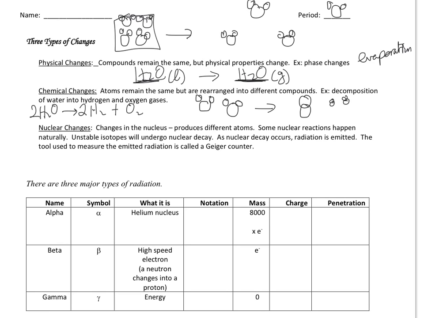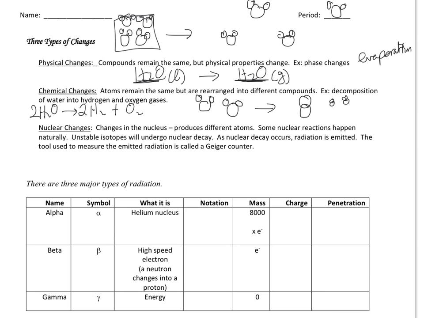The neutrons kind of help determine whether a substance will be radioactive or not, whether it will undergo radioactive radiation or radioactive decay or nuclear decay. So in a nuclear change, you have changes in the nucleus, and that produces most of the time different atoms or different elements.